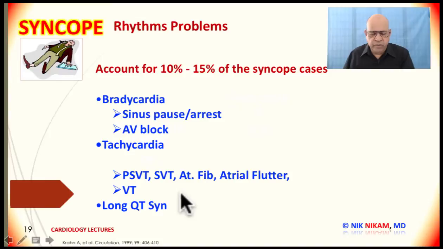And one more condition that we need to look into is the prolonged QT interval or prolonged QT syndrome. Prolonged QT syndrome can lead to torsade, that is a virulent form of ventricular tachycardia, or that can lead to transient reduced global perfusion that causes syncope.